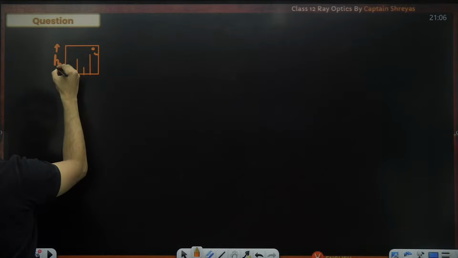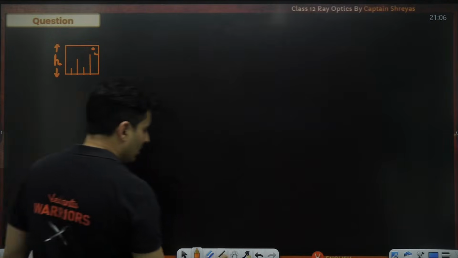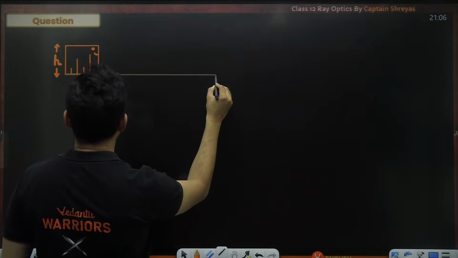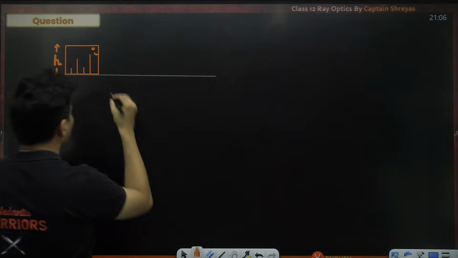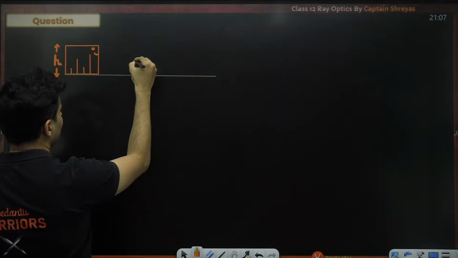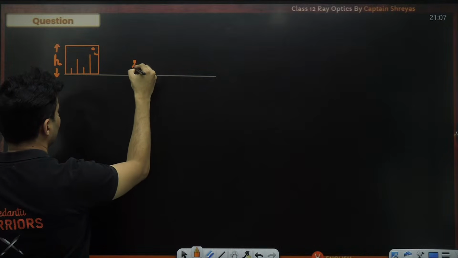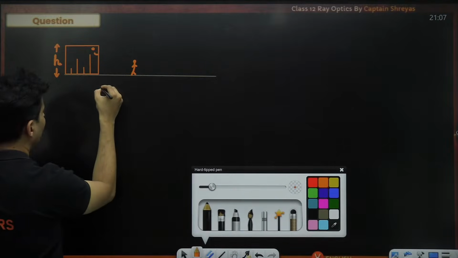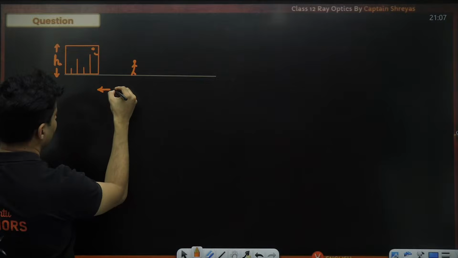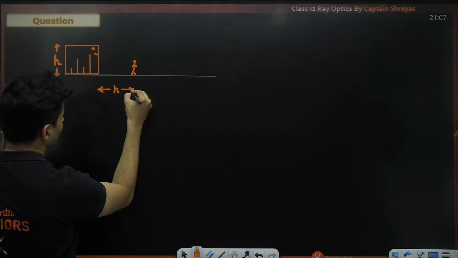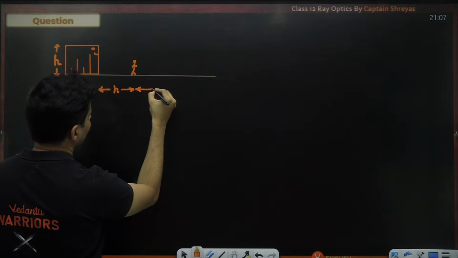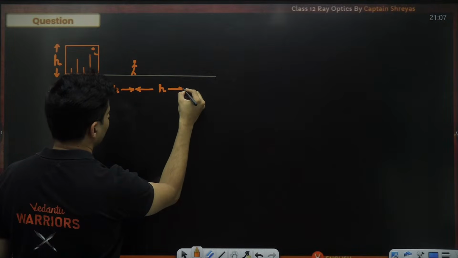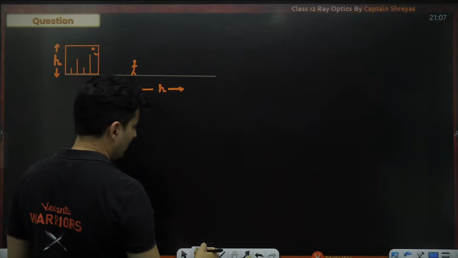Then what happens is on the ground, at some distance, there is a Pandu who is standing over here, and this Pandu from the front of the elephant is standing at a distance of h. In front of him, there is a mirror again at a distance of h.